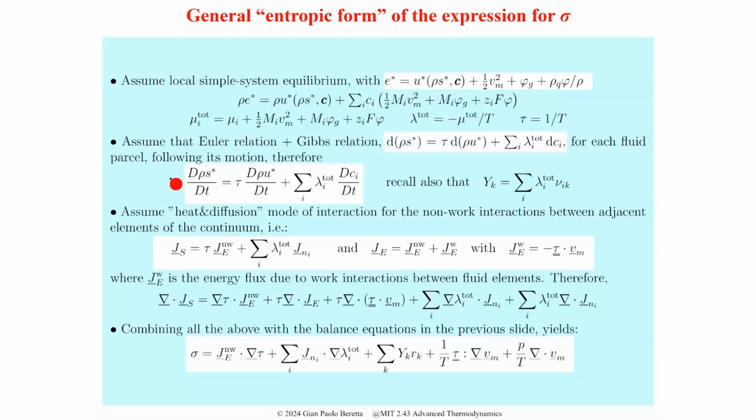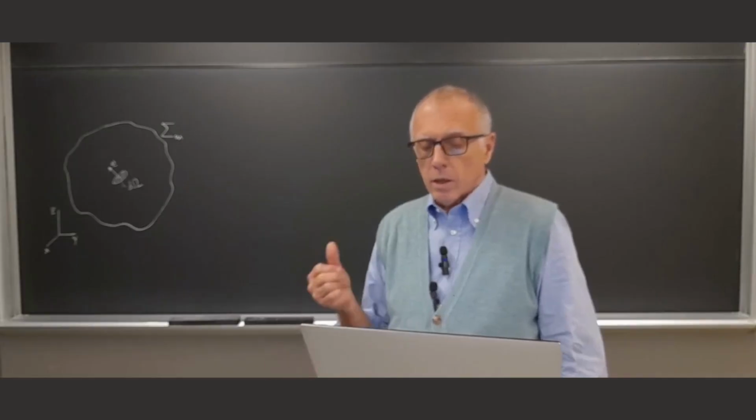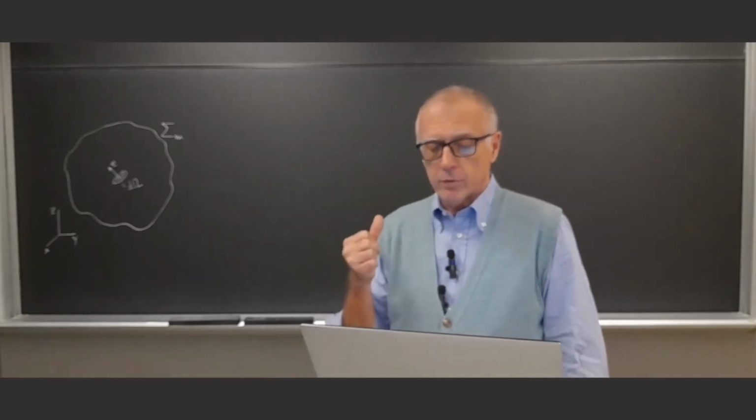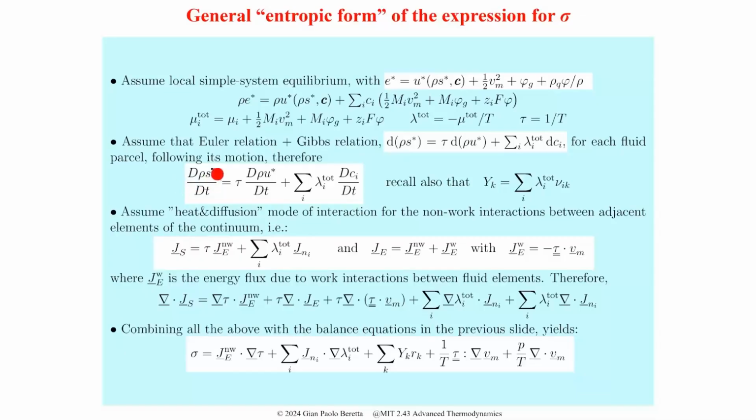That means that the left-hand sides of the balance equations that we have in the previous slide, where we have these material derivatives, are related. We can essentially substitute the balance equations into this one, and we get an extra relation.